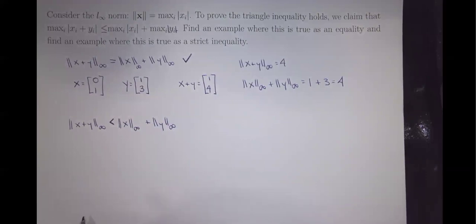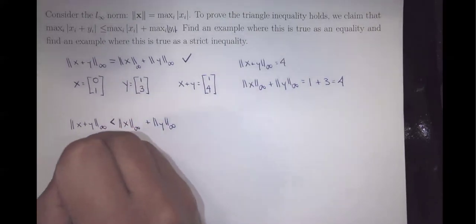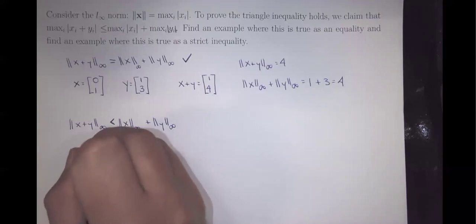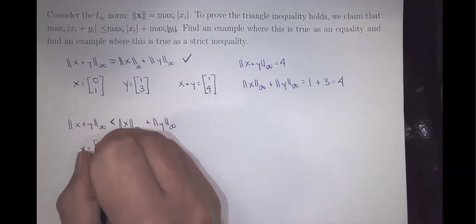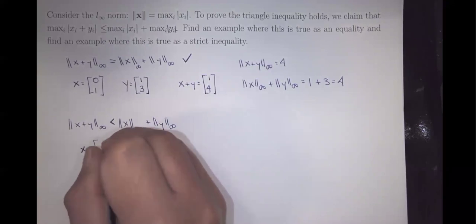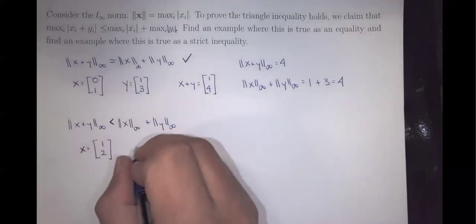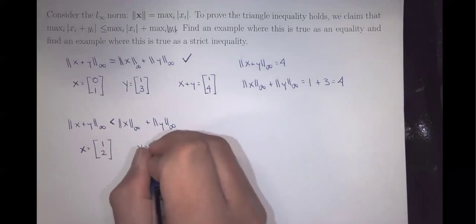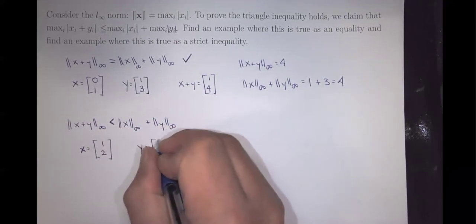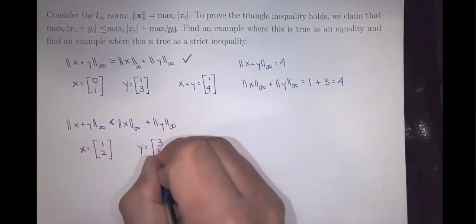So for example, if I take x to be, let's say, 1, 2, and I take y to be, let's say, 3, 5.